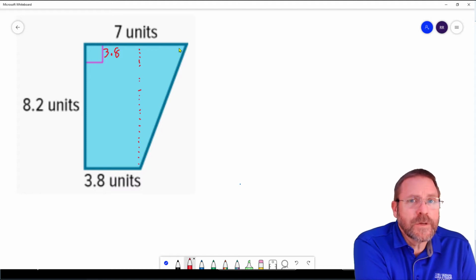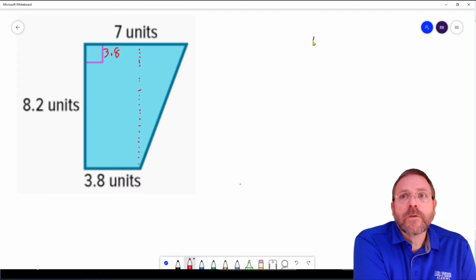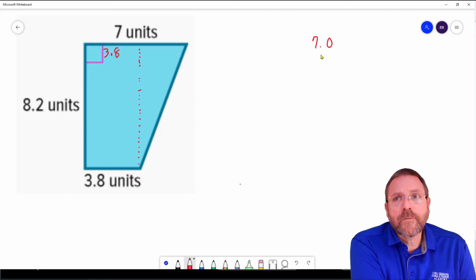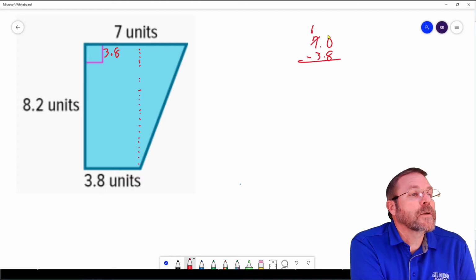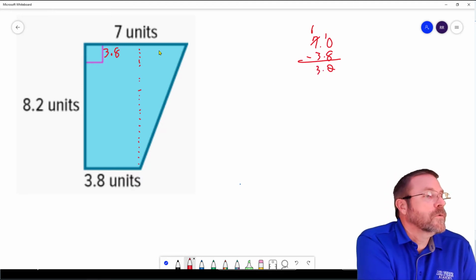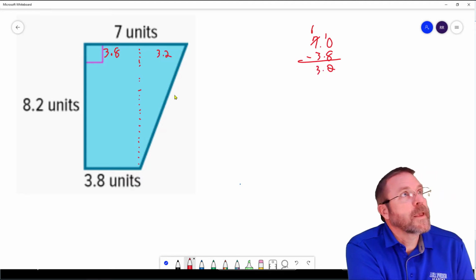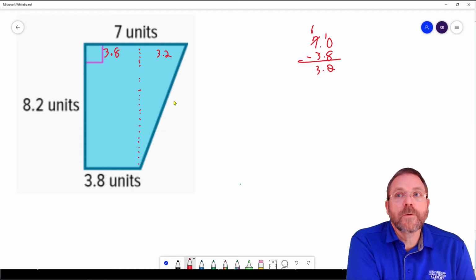The entire distance is going to be 7, so I'm going to take 7.0 minus 3.8. We'll do some subtracting here. That's going to become 10 minus 8 is 2, 6 minus 3 is 3, so this distance right here is going to end up being 3.2.